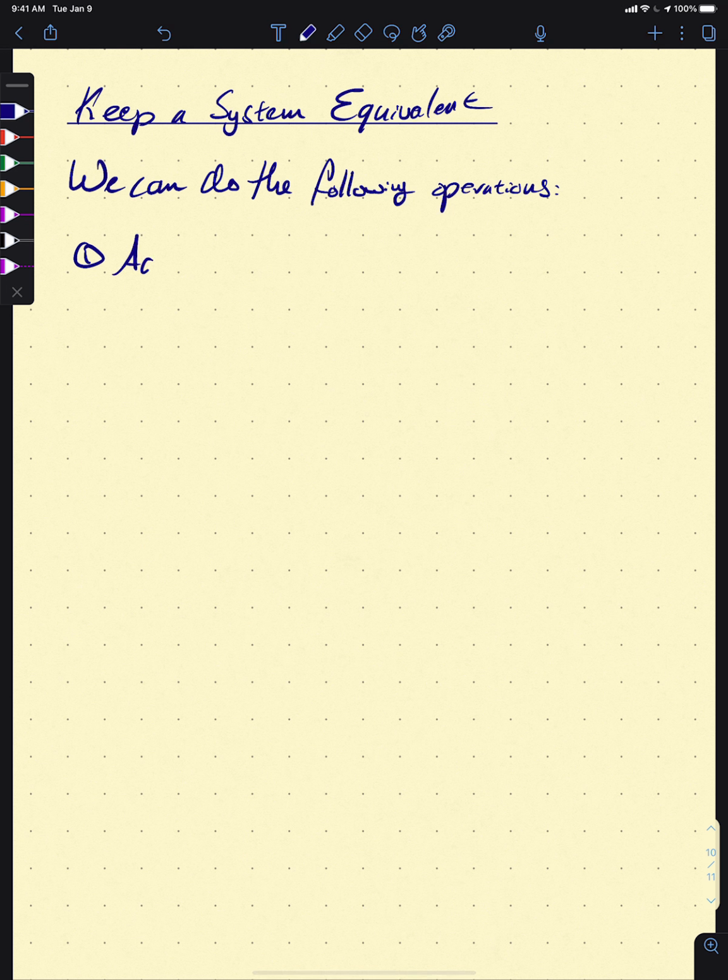We can add a non-zero multiple of one equation to another.